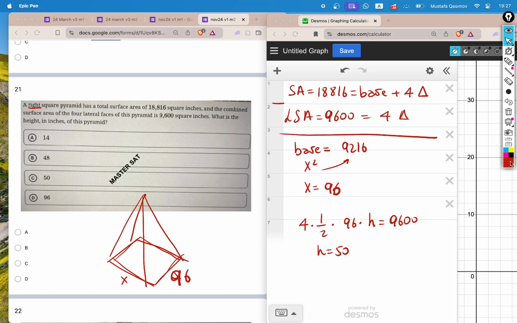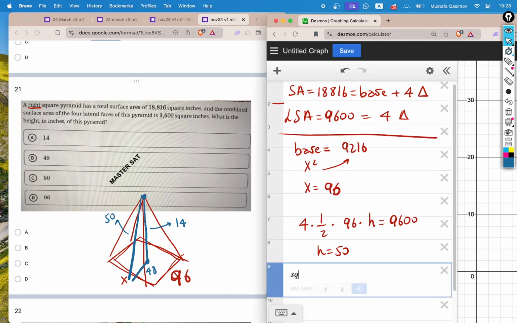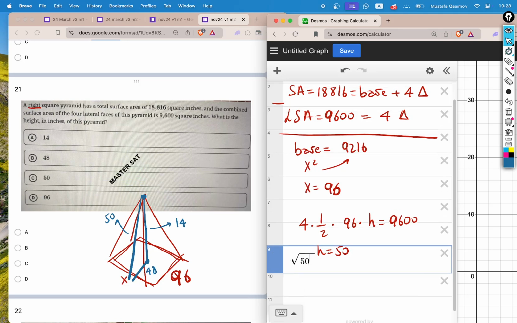Then we can create a triangle. Just wait 1 minute. For this triangle, here it is 48, here it is 50. Then we have to find here, it will be I think 14, if I don't make any calculation mistake. Square root of 50 squared minus 48 squared. Yeah, it will be equal to 14. So here the answer is 14.